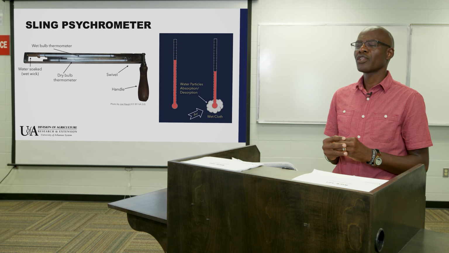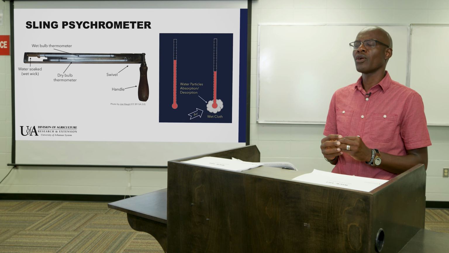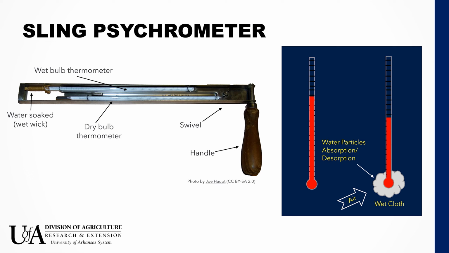So the one on the top is going to help us measure the wet bulb temperature, while the one on the bottom is going to help us measure the dry bulb temperature. When you swirl that thermometer around while it is wet, the air picks up moisture from that wet cloth, and by so doing we go through what's called evaporative cooling. That evaporative cooling makes the temperature on the wet bulb thermometer lower than the temperature of the dry bulb thermometer.